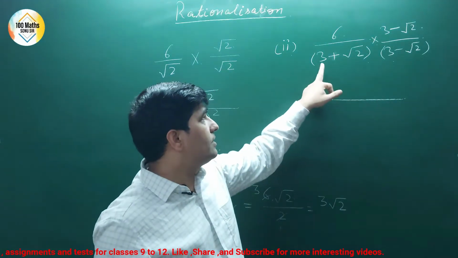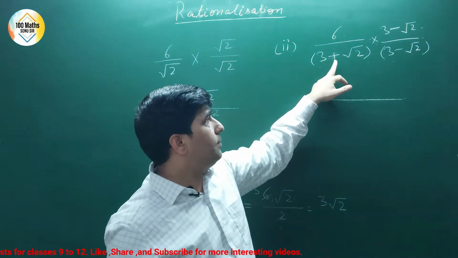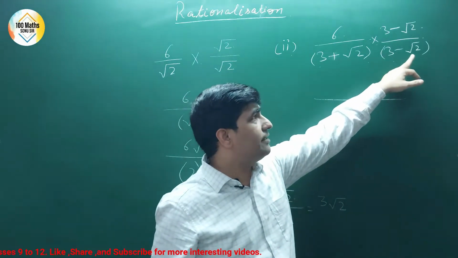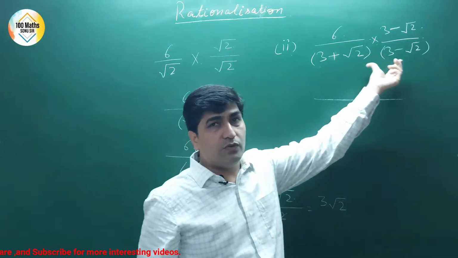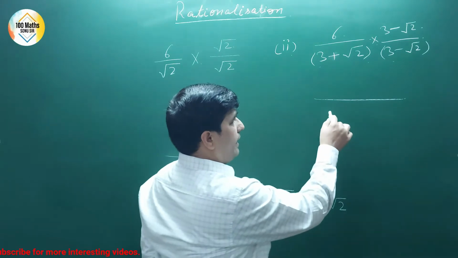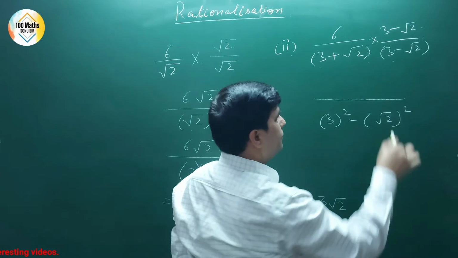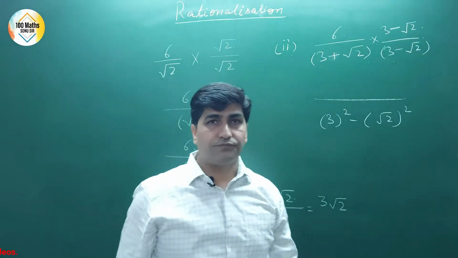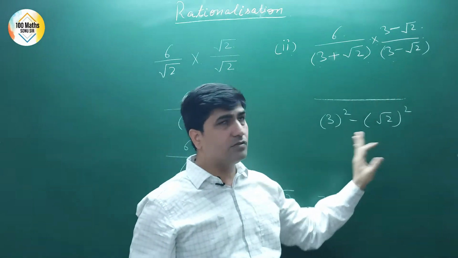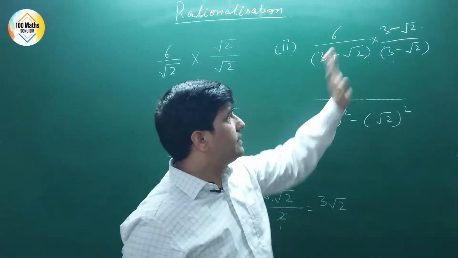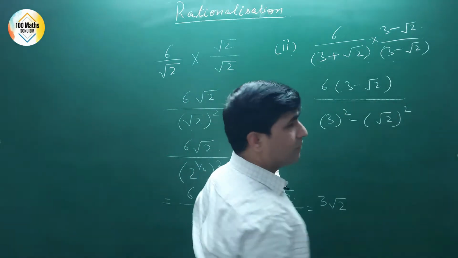If we consider first factor as A and second as B, so can we say it is A plus B and second is A minus B, right? So it's an identity. A plus B into A minus B we can write as A square minus B square. Or otherwise, if you don't know this identity, you can multiply these, then also it will come, right? And what is in the numerator? Let it be as it is, 3 minus root 2.